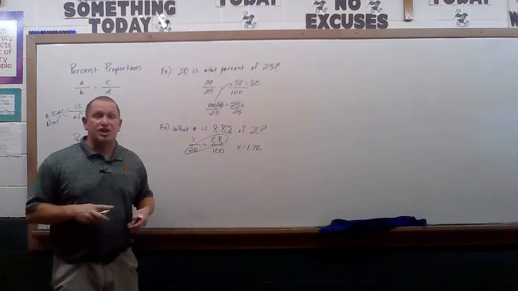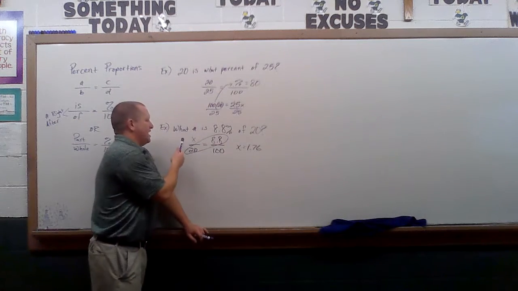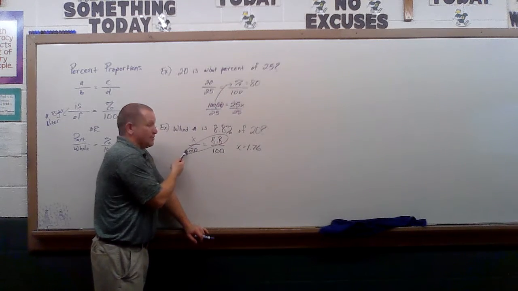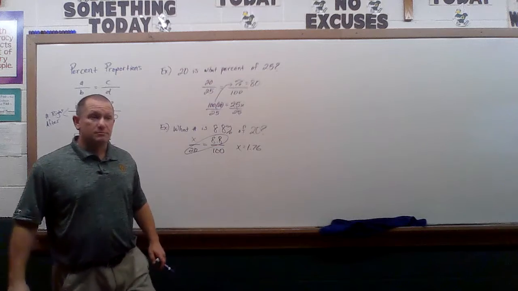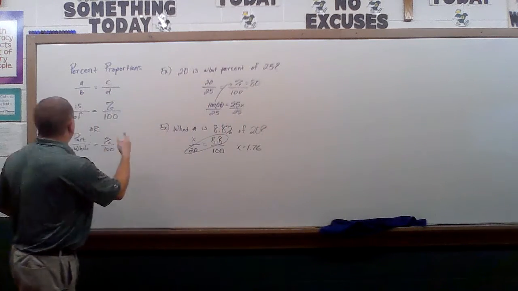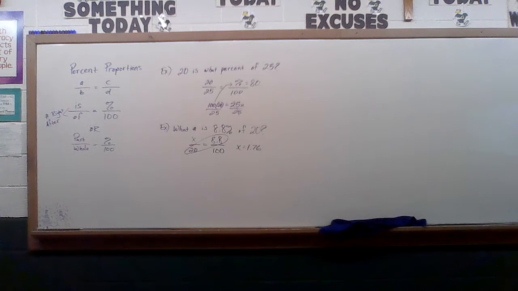Everybody else agree? Now here's the other thing that you got to think about. Should this number right here in this first ratio ever be bigger than this number down here? Should the is ever be bigger than the word of? It can. When?